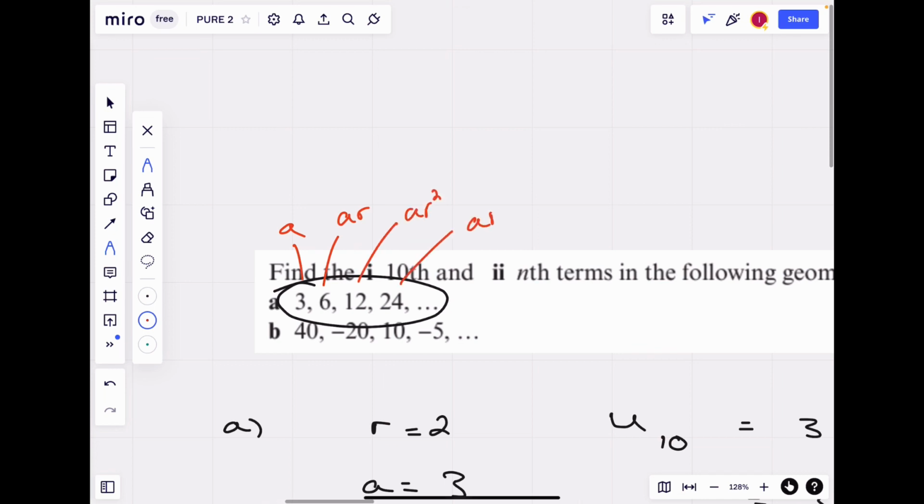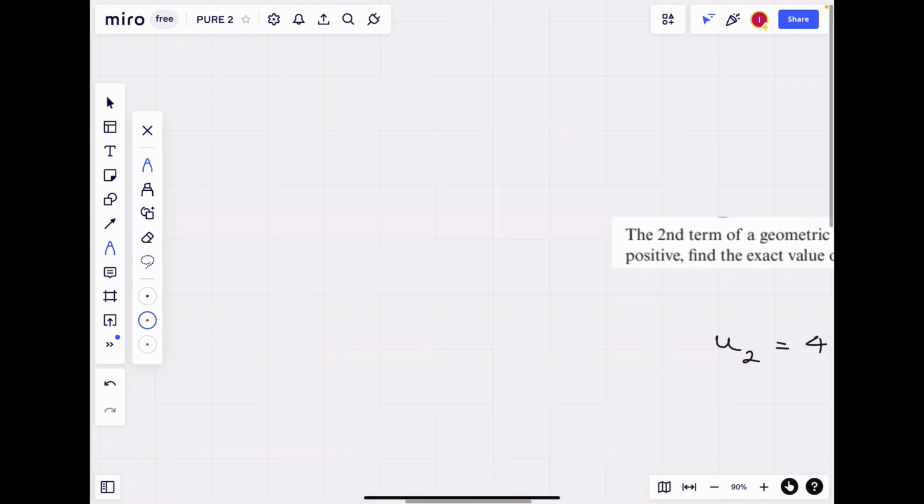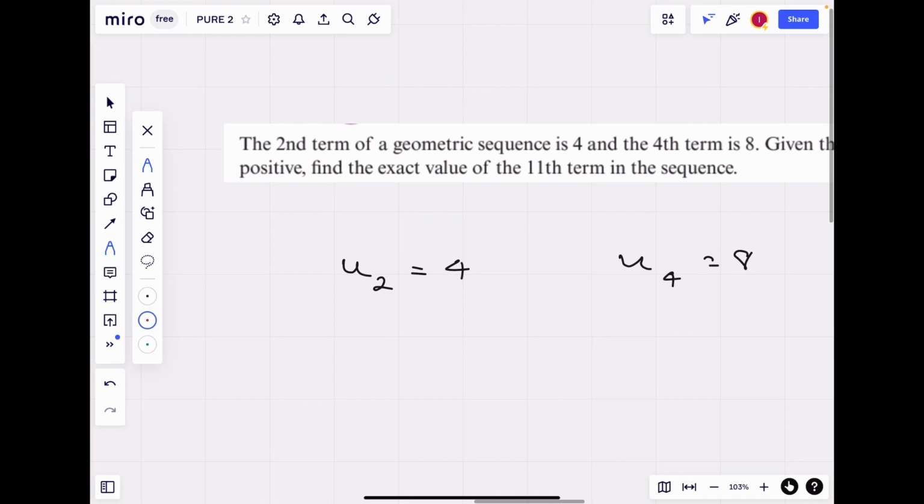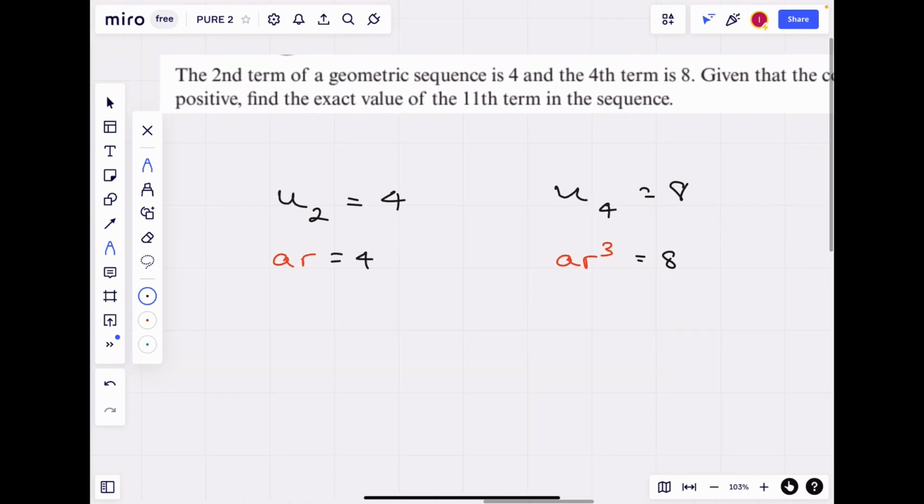This is ar cubed, and so on and so forth. So with that same logic, u2 will be ar and u4 will be ar cubed. So this is equal to 4, and this is equal to 8. That's how we set up our simultaneous equations.